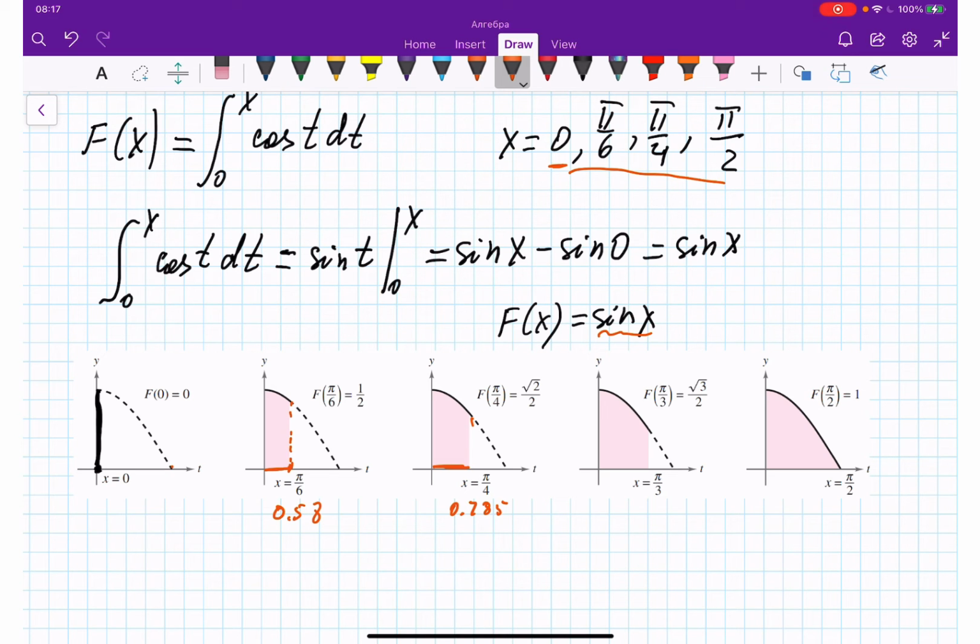So the vertical line, the value of y represented by sine, is represented by this arc and the shaded area underneath. Oh, I missed pi over 3 also. Okay, not a big deal. I was wondering about the step between pi over 4 and pi over 2.